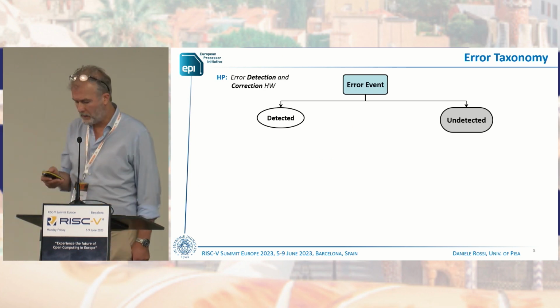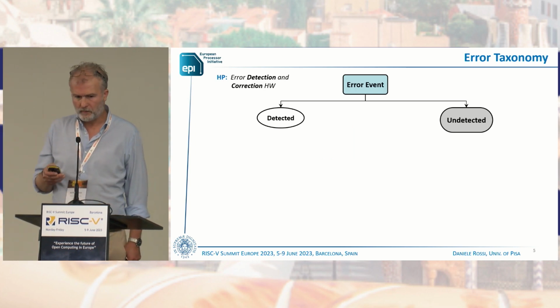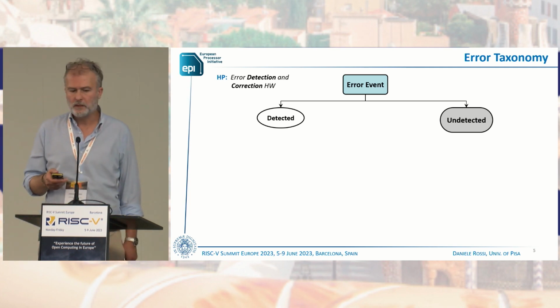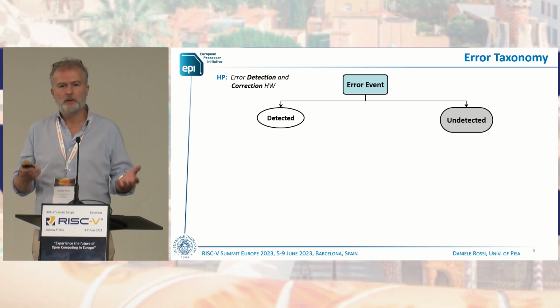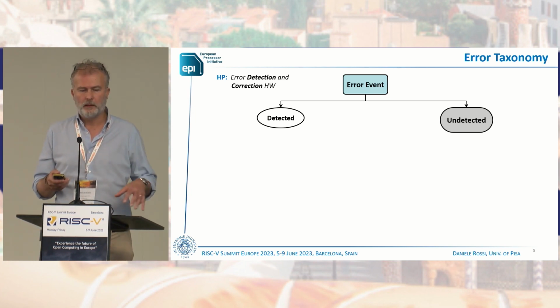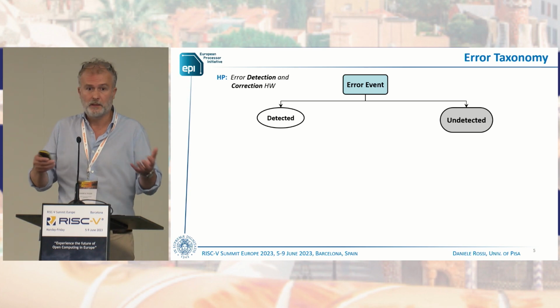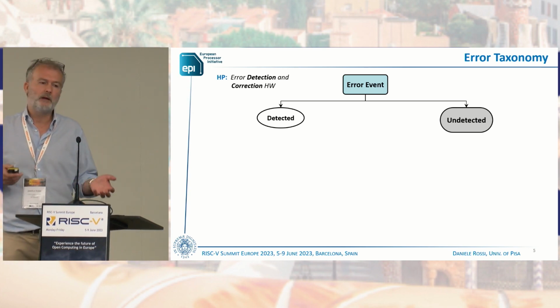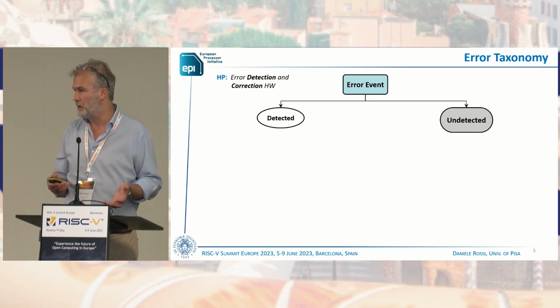So before going into detail about the hardware-software interface that we have developed, we need to go through some kind of error classification. So we have an error, unfortunately. If we implement some kind of error control coding techniques, errors can be detected. If they are undetected, unfortunately, we cannot do much about that.